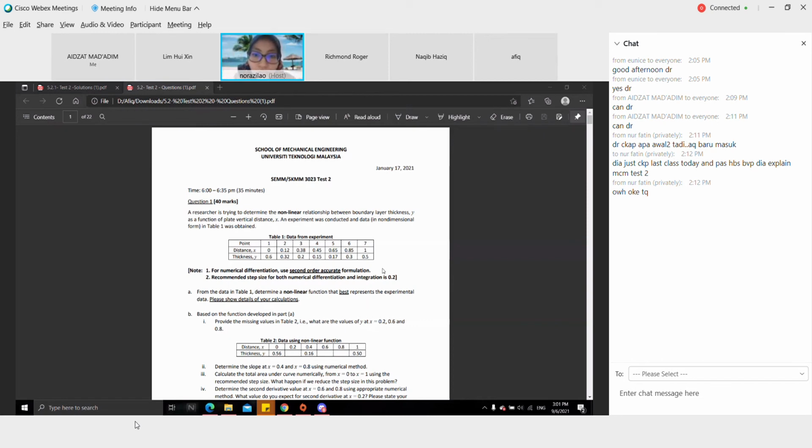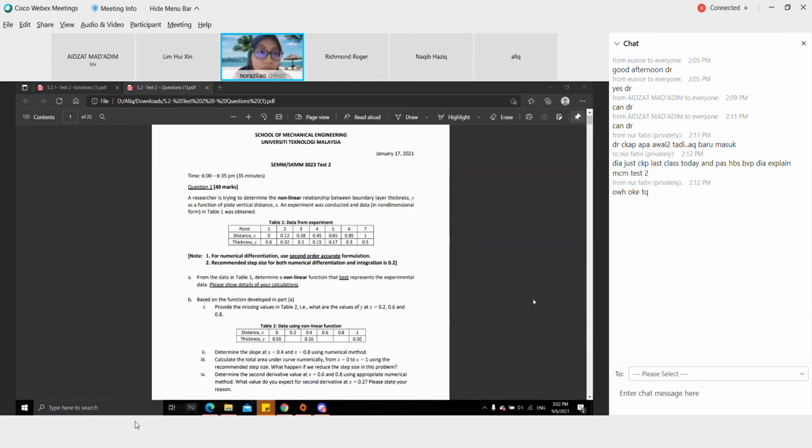And the experiment was conducted and the data is in non-dimensionless form. Okay. Note, when you read all the instructions, please be careful. Okay, for numerical differentiation, use second order accurate formula.